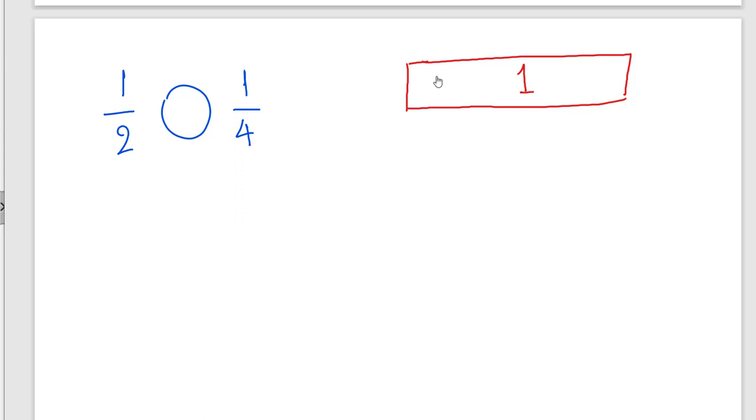So here, this is 1, 2 equal parts. The unit fraction is 1/2, and I need only one, so I draw here one half.